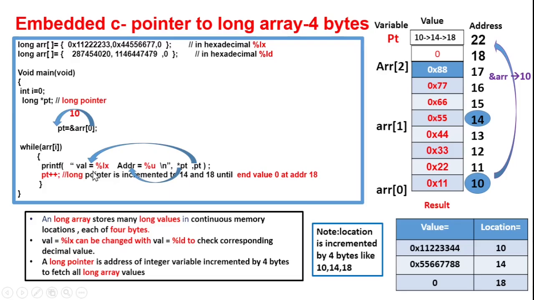So with the value equal to lx we gave, it will print 1 1 2 2 3 3 4 4. Again, when you make pt plus plus, from 10 it will jump to 14, so you will get the second value 4 4 5 5 6 6 7 7. The address is 14. Next, if you increment again, it will go to location 18, which has the value 0, and it will come out of the loop.